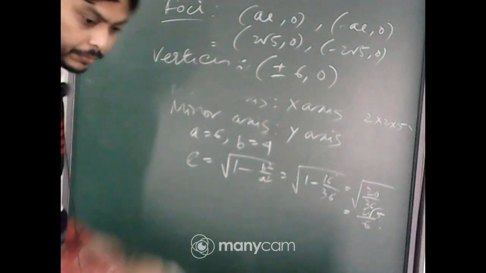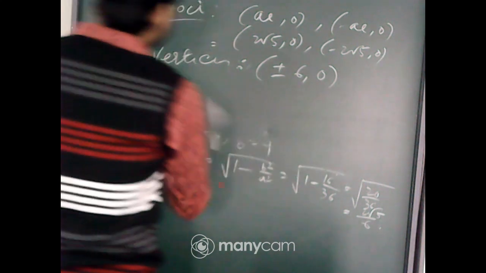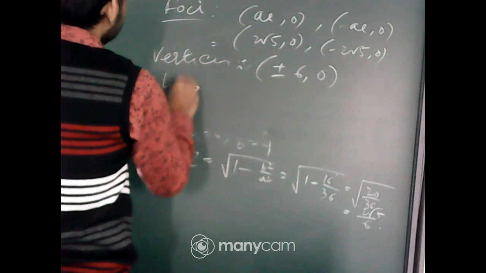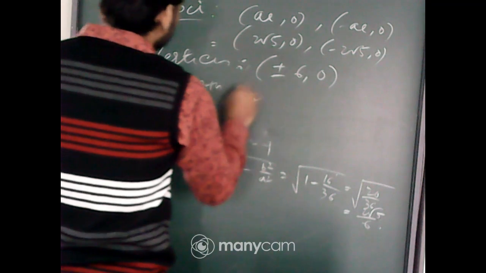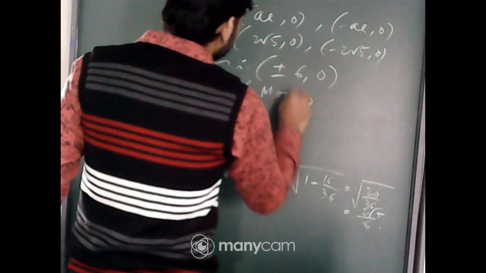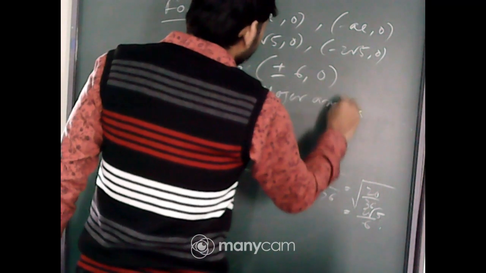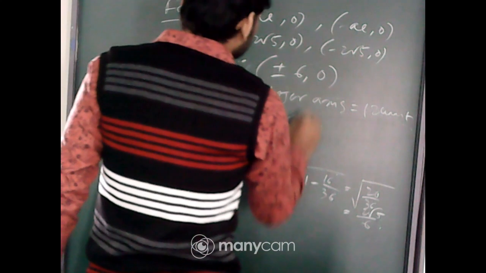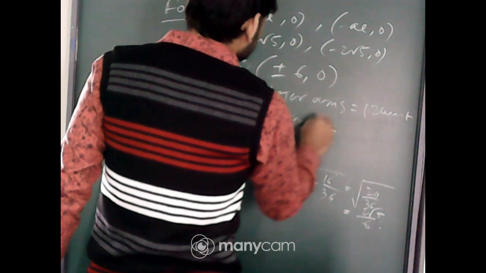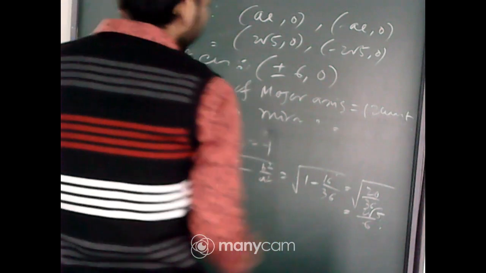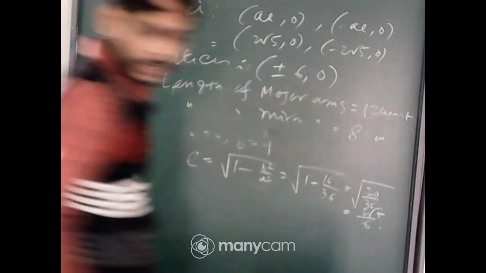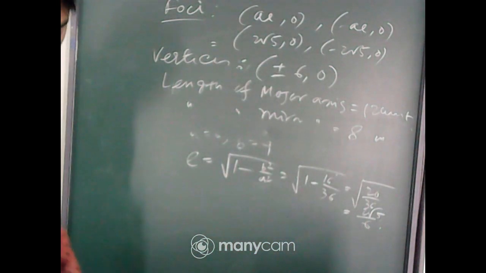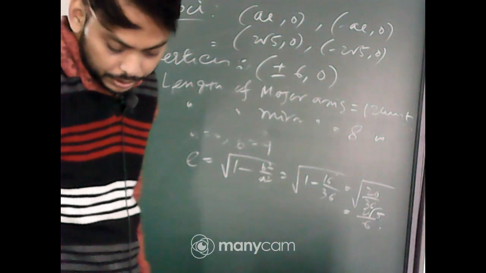Now length of major axis, that is 2a. So 2 into 6, 12 unit. And length of minor axis, 2 into 4, 8 unit, isn't it? Just do it in your copy and tell me the answer.